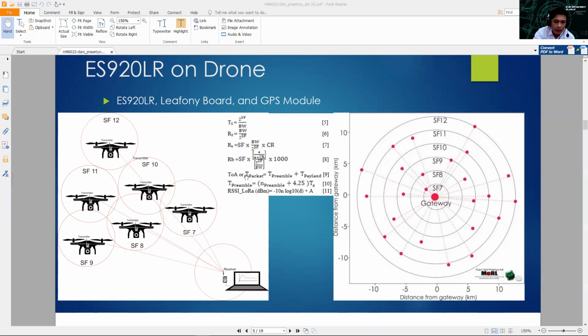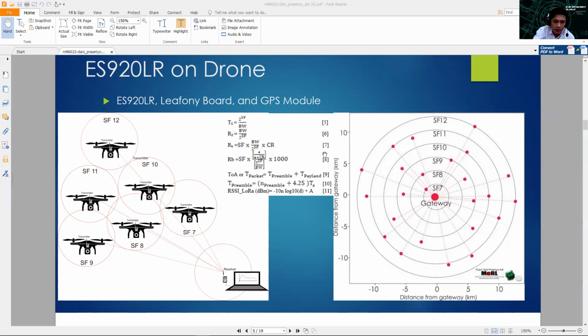And this is how to calculate the time with 2 parameters, spreading factor and bandwidth, and how to calculate the bit rate with 3 parameters, spreading factor, bandwidth, and coding rate, and how to get the time on air from the variables and payload.